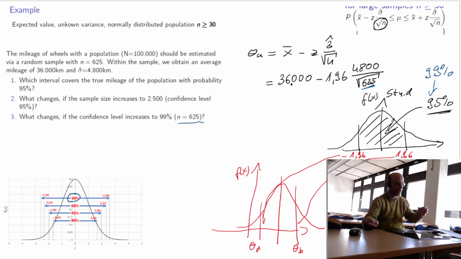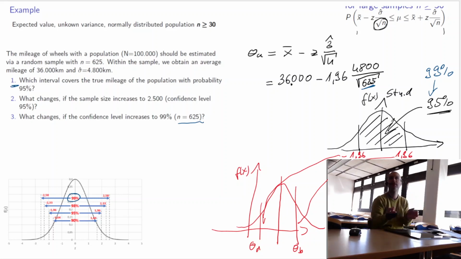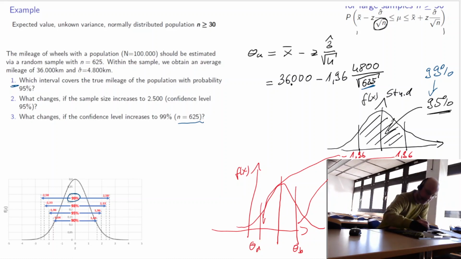That you not only just type in your calculator or in Excel and press enter, and then there is some number, but that you also have in mind what should happen. Should my number now be larger or lower than a number which I have calculated before? So now we know that compared to the first question, we should have a larger interval.